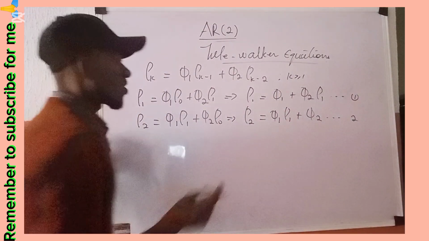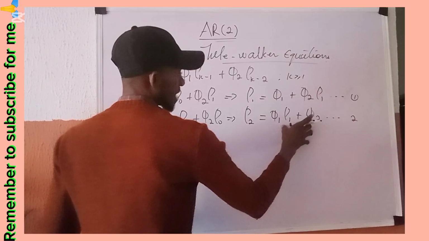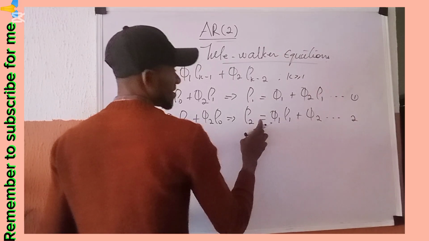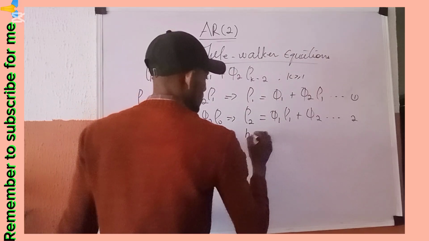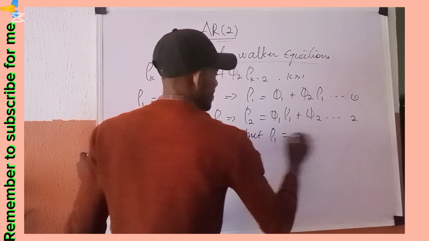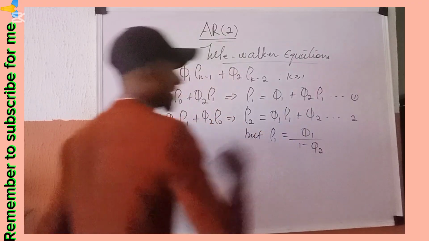Okay? So, of course, from this expression now, we can easily know what our rho 2 is going to be. Bearing in mind that our rho 1 is equal to phi 1 all over 1 minus phi 2, I guess.